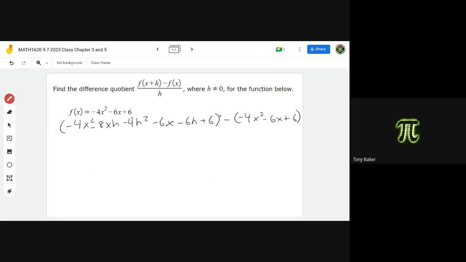I would totally rewrite this. I would just go through. It's like, okay, so that's going to be a plus 4x squared plus 6x and minus 6. So what that does is that's going to cancel with that. That's going to cancel with that. And that's going to cancel with that. So we're left with negative 8xh minus 4h squared minus 6h all over h.